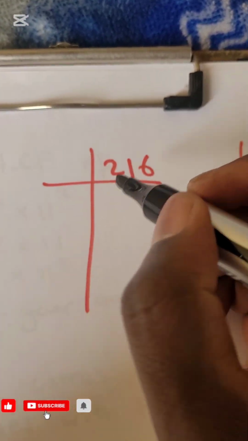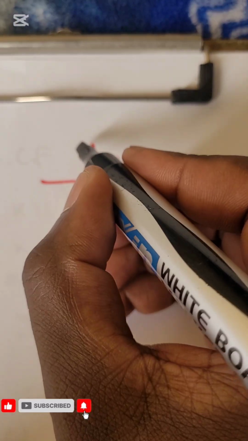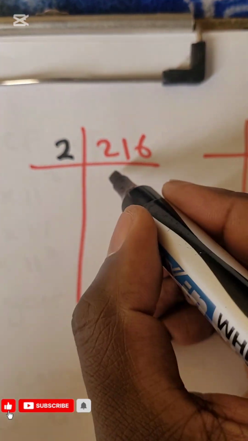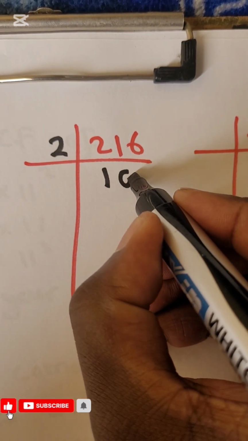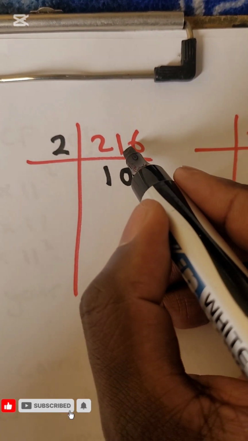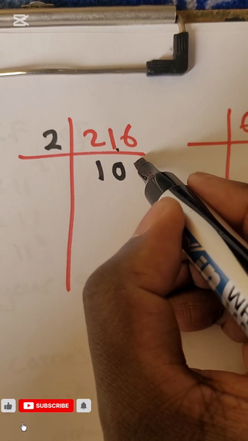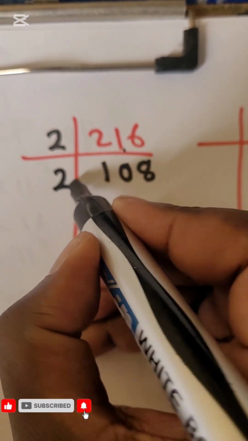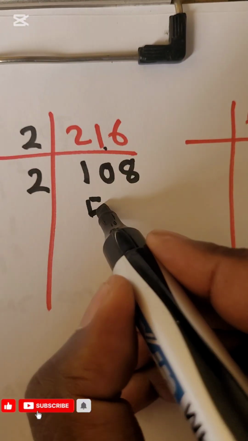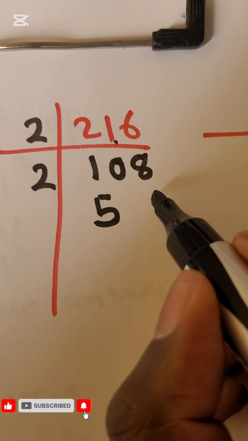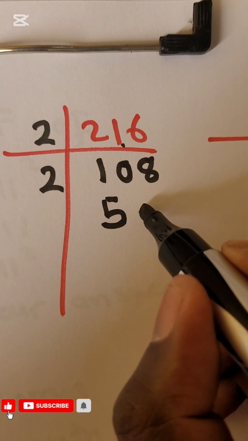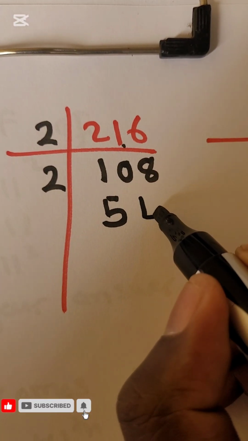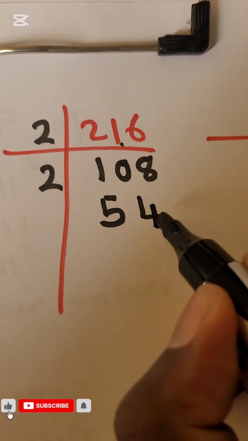Okay, so let's break 216 as a product of its prime factors. 2 into 2 is 1, into 16 is 0, so into 1 is 0. Now into 16, that's 8. And 2 into 10, we get 5. And 2 into 8, we get 4.